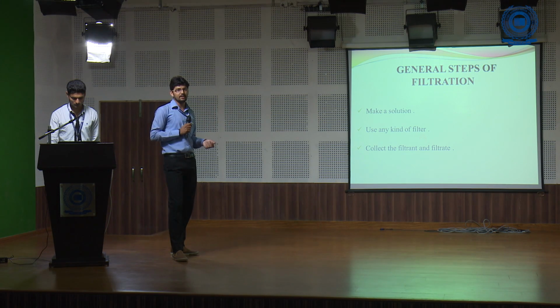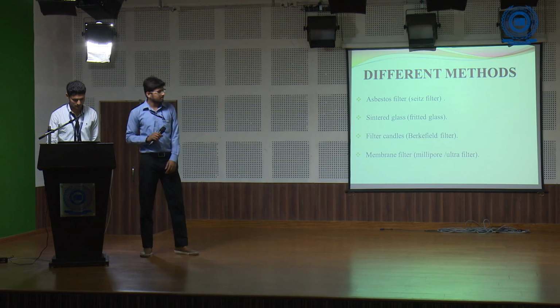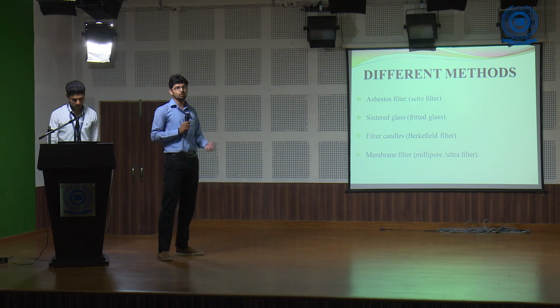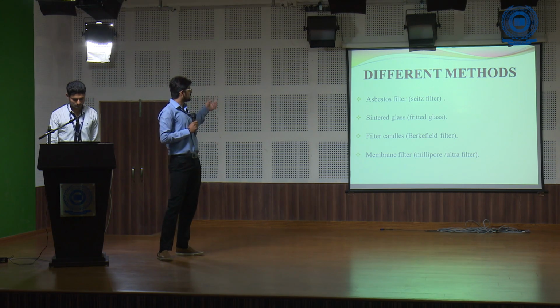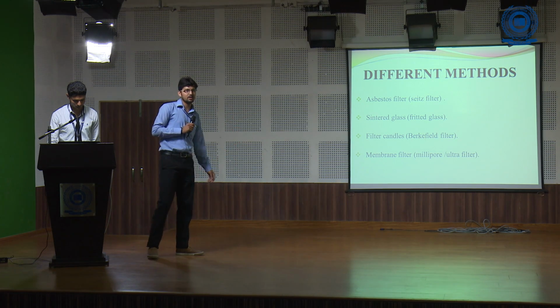Use any kind of filter, pass the solution through the filter paper, and collect the filtrate and the filtrant. Different methods of filtration: on the basis of the filters used, we classify the methods as filtration by asbestos filter, by sintered glass filter, by filter candles, and by membrane filter.